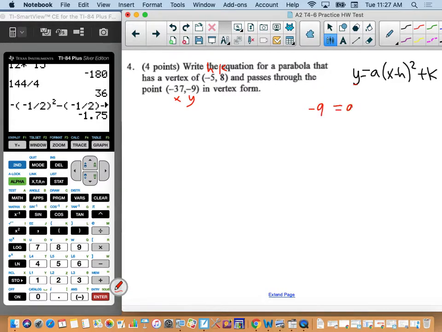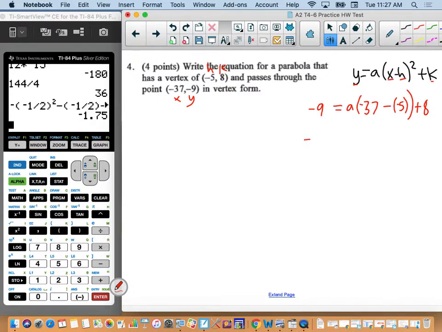They did not give me an a value, that's what I have to find here. They gave me an x value of negative 37. They gave me an h of negative 5, and they gave me a k of 8. So I plugged in a value for x and y, h and k that they gave me.